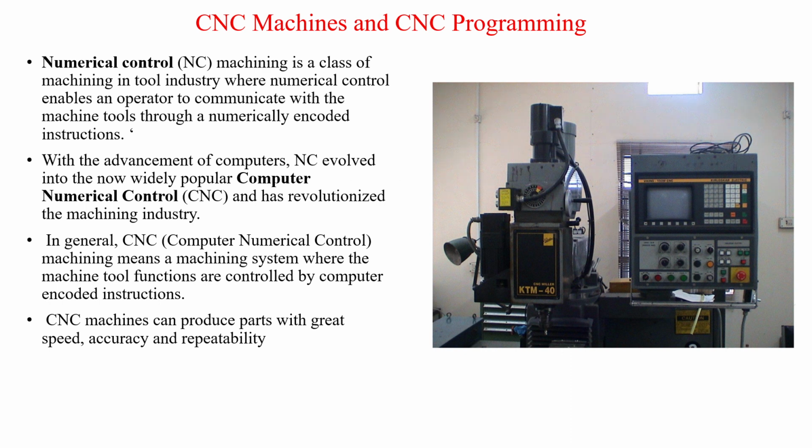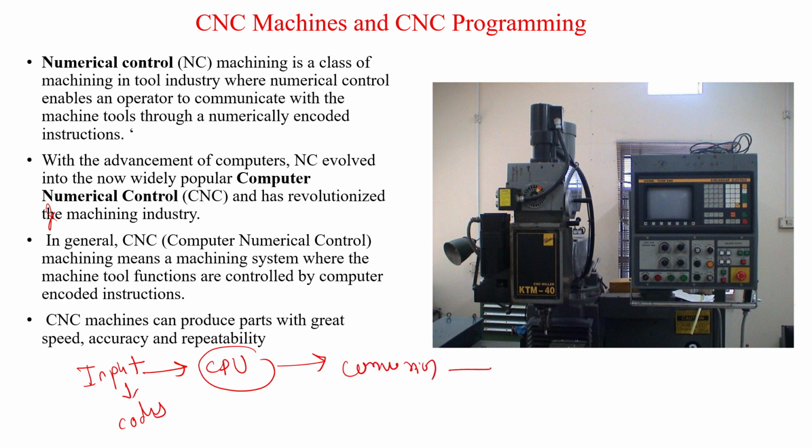What is the process flow? We give the input, which can be in the form of codes, to this CPU. It processes the input, does the conversions, and then gives the output.